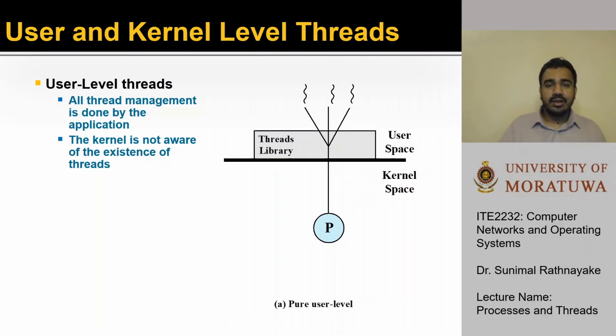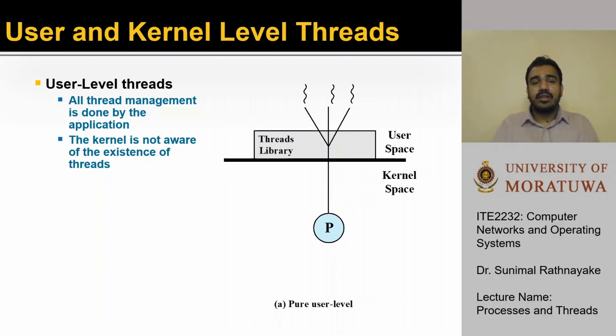So one model is shown here. It's called the pure user level thread model. In the pure user level thread model, you can create many threads using a thread library in the user space or in the program. But when it is executing, all those user level threads are mapped to only one kernel level thread.